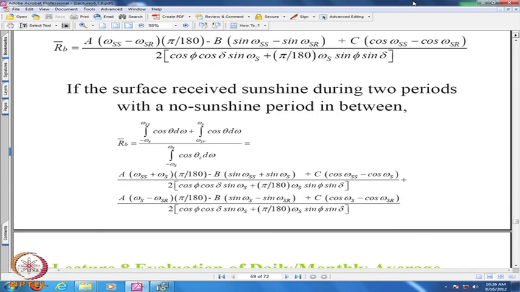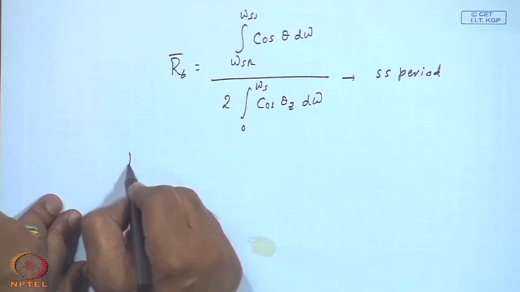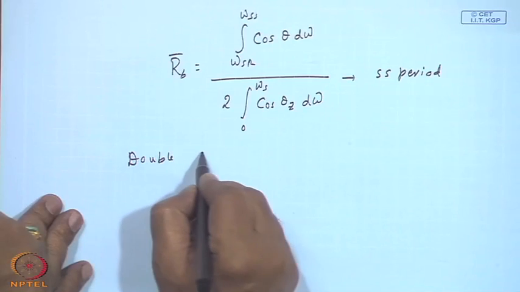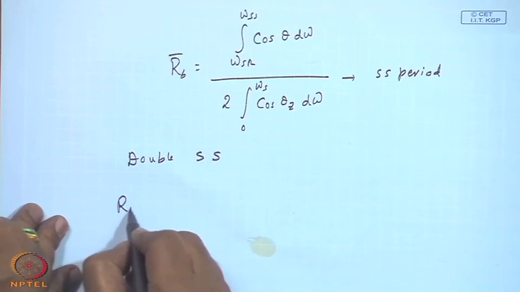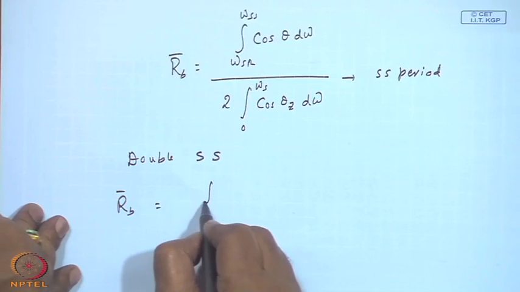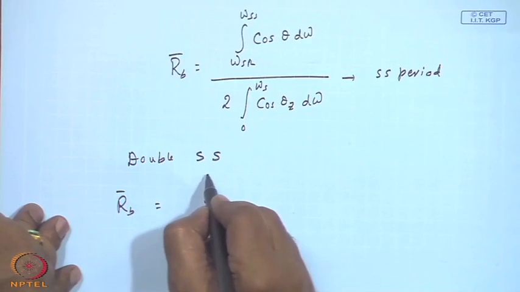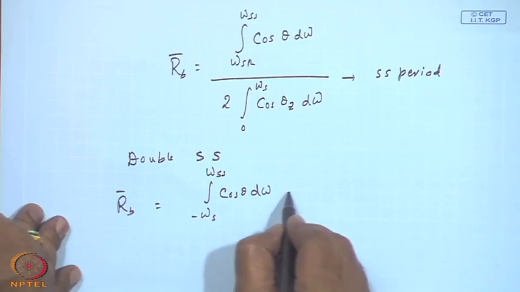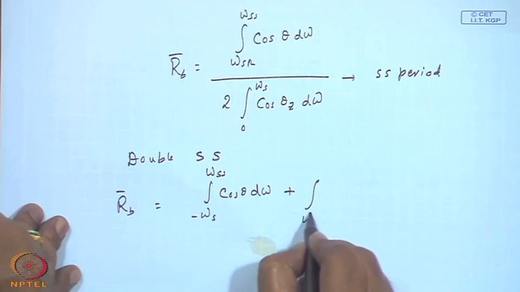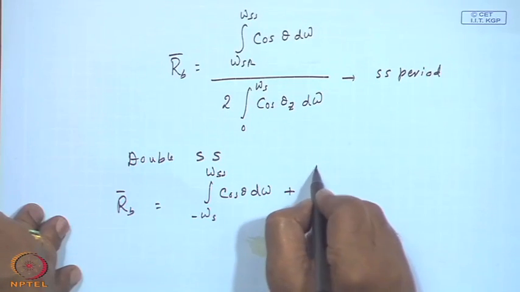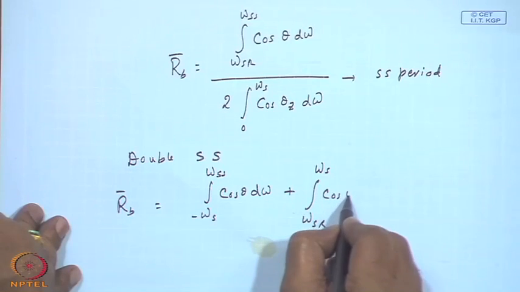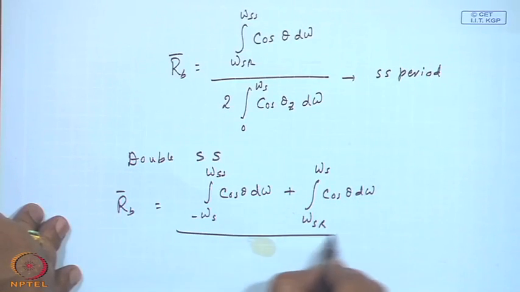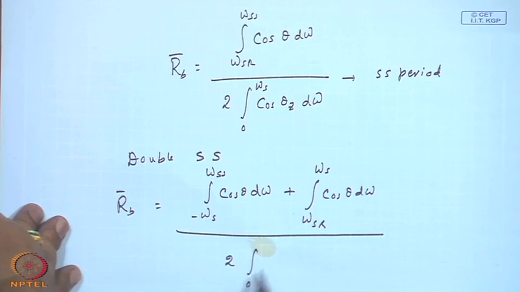Now, if it receives double sunshine, R_b bar should be piecewise evaluated: the integral from minus omega_s to omega_ss of cos theta d omega plus the integral from omega_sr to omega_s of cos theta d omega, upon twice the integral from 0 to omega_s of cos theta_z d omega.